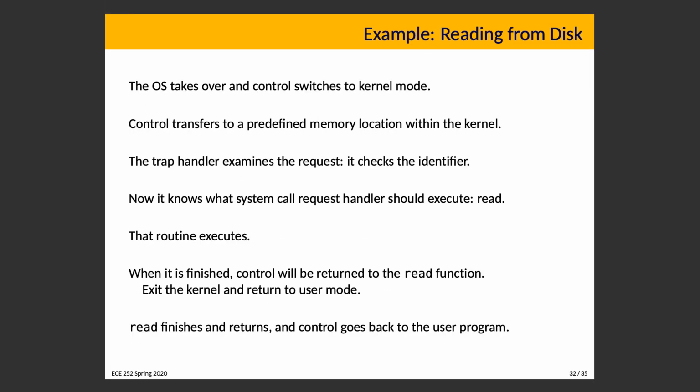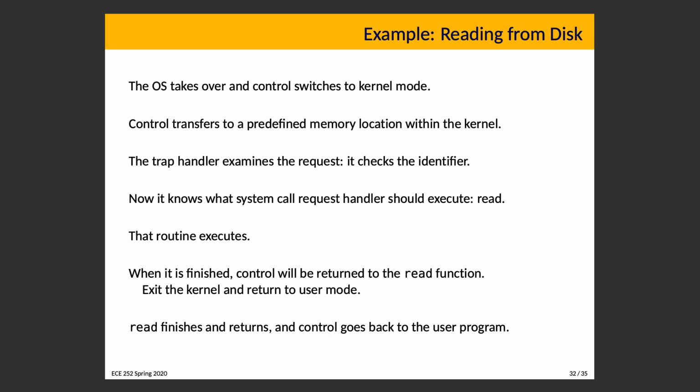So when the operating system wakes up, there is some work to save the state of the currently executing process. We've switched into kernel mode, and control transfers to the interrupt handler at that point within the kernel. And the handler for the trap examines the request, and it does that by looking at the identifier that was put into the predetermined location.